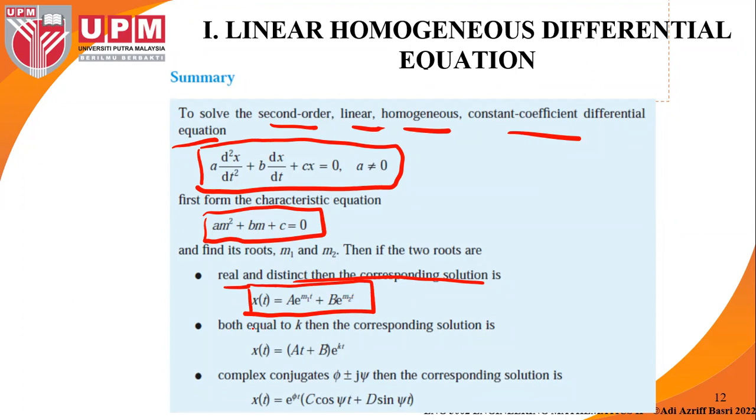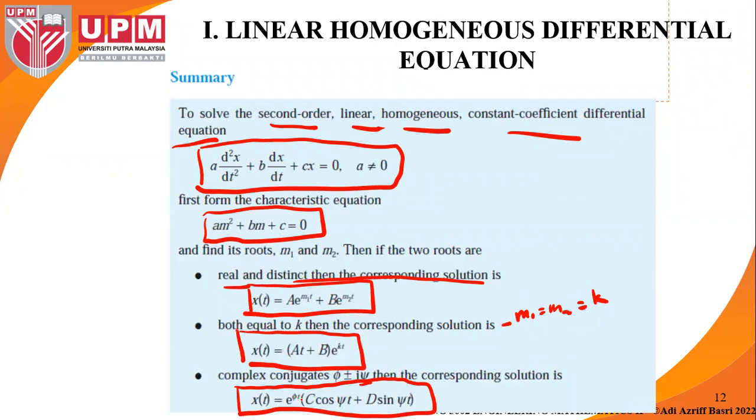But if both are equal to k, then the corresponding solution is this: m1 equal to m2 equal to k, so you can use x(t) equal to (At plus B) exponent kt. But if they are complex conjugates, you have psi plus or minus j omega, and the corresponding solution is x(t) equal to exponent psi t times (C cos omega t plus D sine omega t).